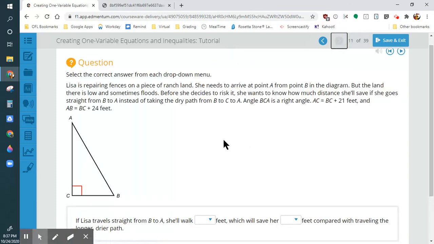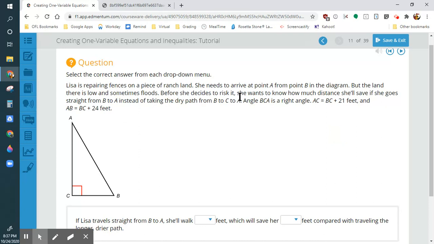So let's take a look here. We're going to do this problem. We're going to say Lisa is repairing a piece of fence. She needs to arrive at point A, so she needs to get over here from point B. She starts here at point B. But the land there is low, sometimes floods.